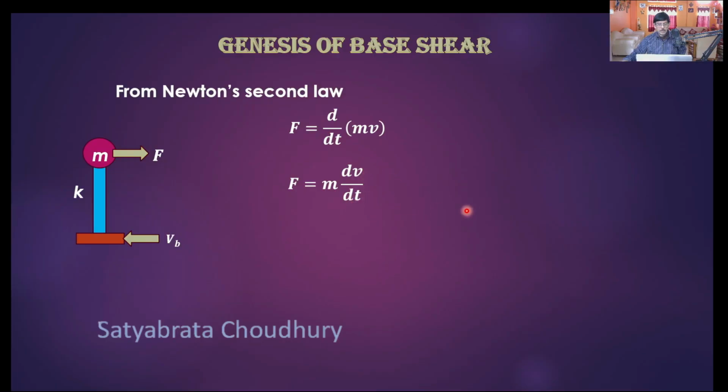This is nothing but acceleration, so I can write F equals mass into acceleration, a equals dv by dt. This is Newton's law. Now, since the inertia force F has been generated at the mass level, this has to be counterbalanced by an opposite force at the base, which I am calling BV. So BV equals MA.